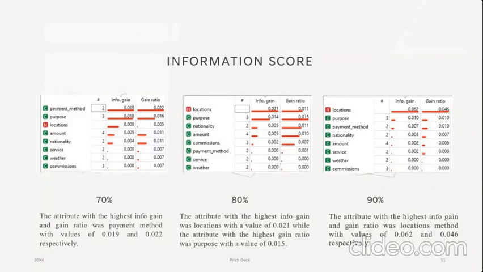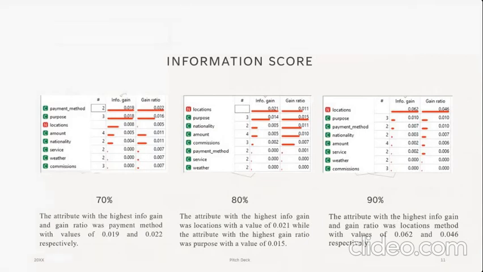For the first one, the attribute with the highest info gain and gain ratio was payment method with values of 0.0019 and 0.022 respectively. And for the 80% training data, the attribute with the highest info gain was locations with a value of 0.021, while the attribute with the highest gain ratio was first with a value of 0.015.